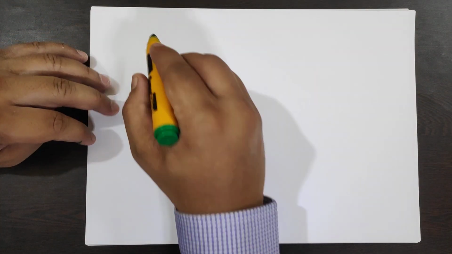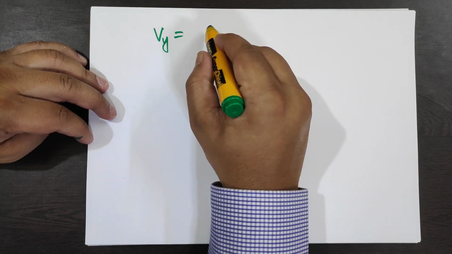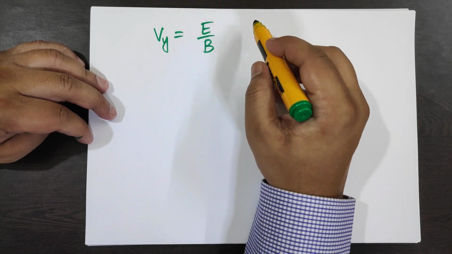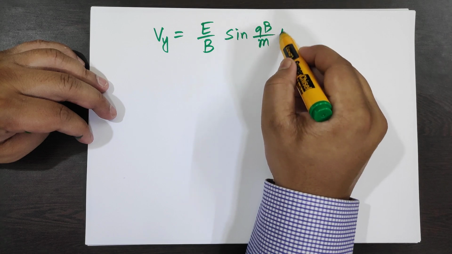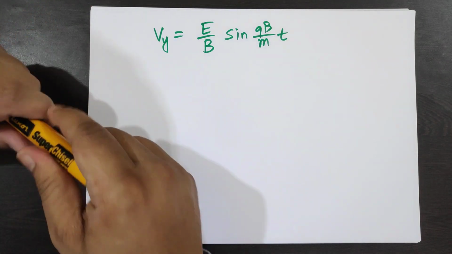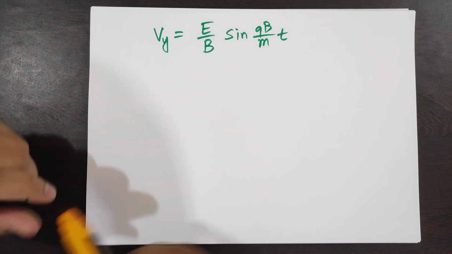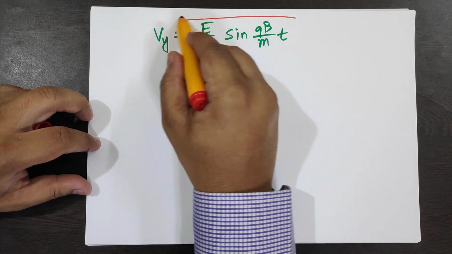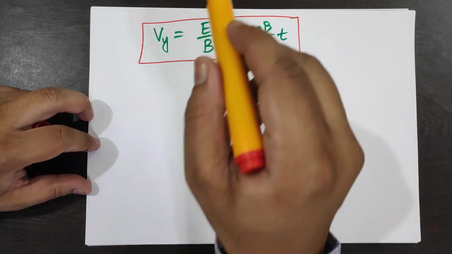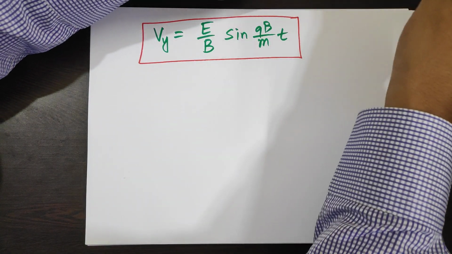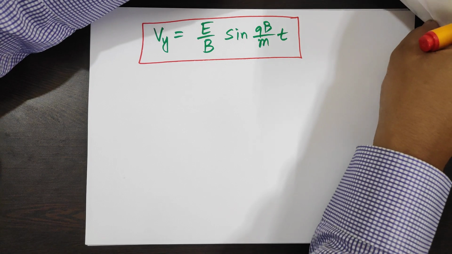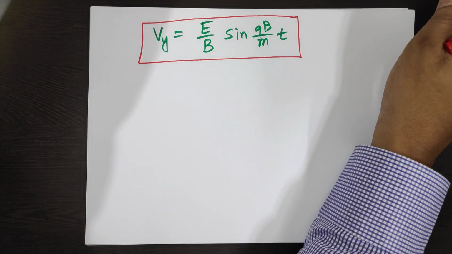So we have found out actually Vy as E by B sine of qB by m times t. So this is the value of Vy, the velocity along y-axis. Now we have to find Vx. Let's find out the equations.